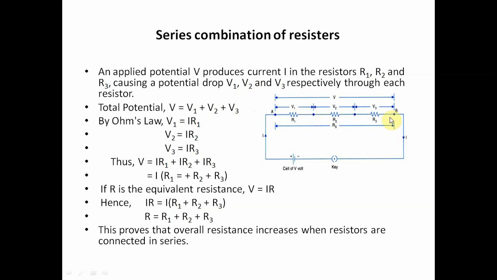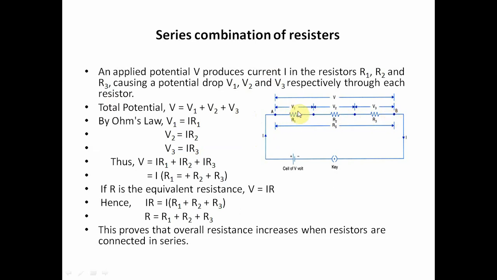Now let these three resistors be connected to a battery with the help of a key. When potential is applied across the resistors, a current I will be set up in this circuit. As all the resistors are in series, the current is the same in all the resistors.